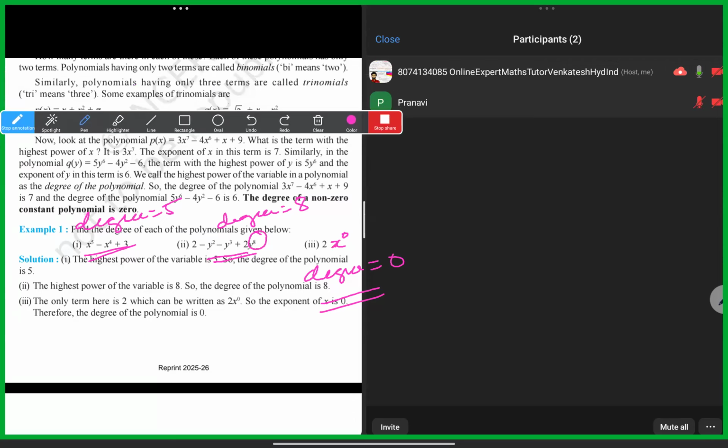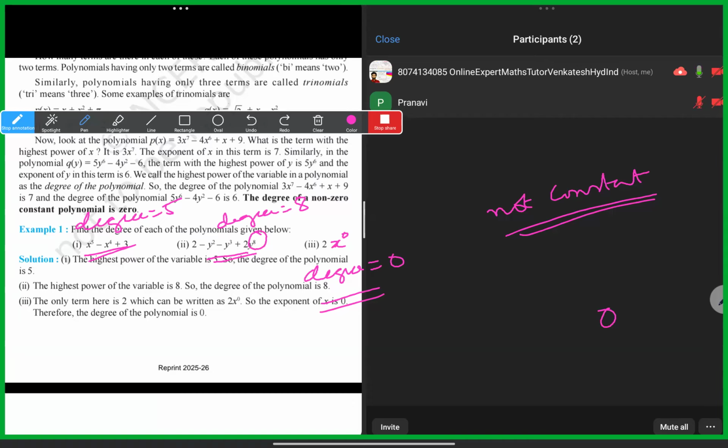So here one more thing, Pranavi: the degree of a constant polynomial means a non-zero constant polynomial. If the constant is 0, then we cannot call it a constant polynomial; it will be the zero polynomial only.